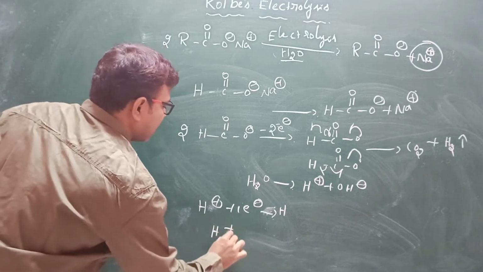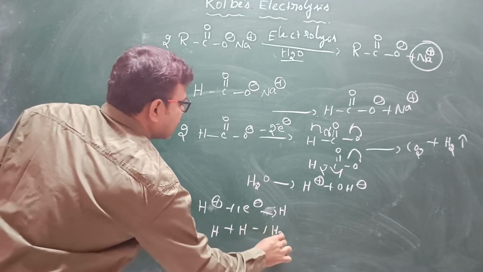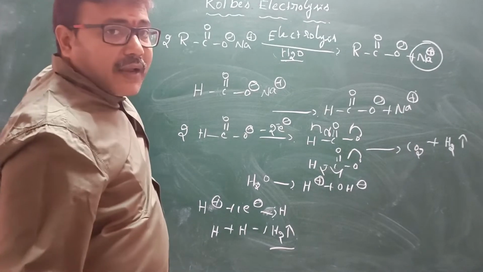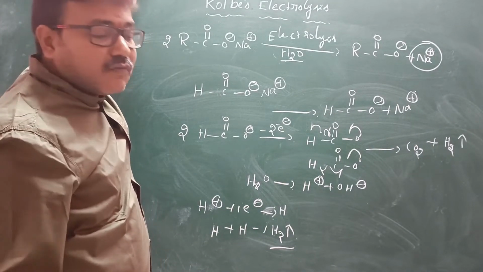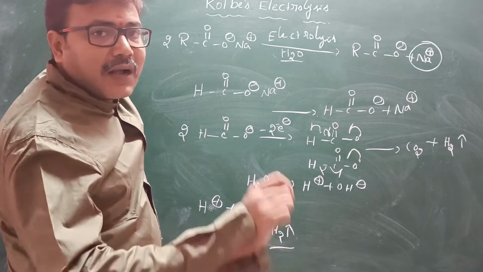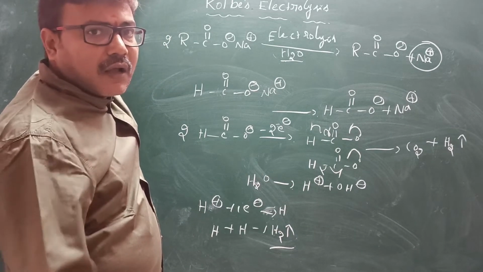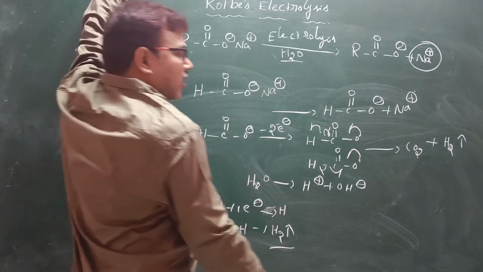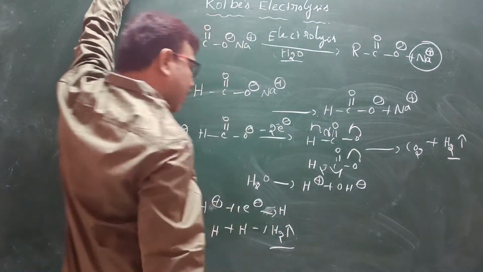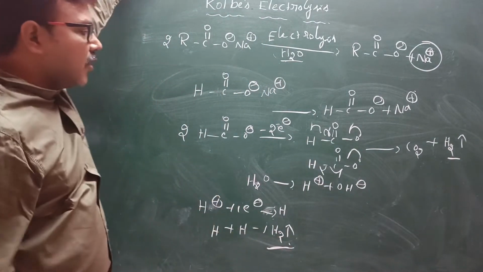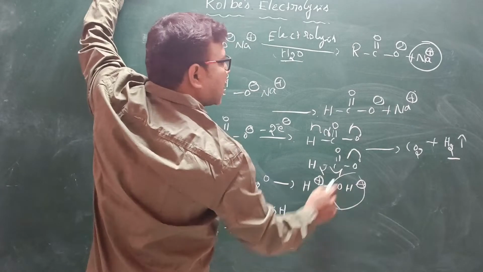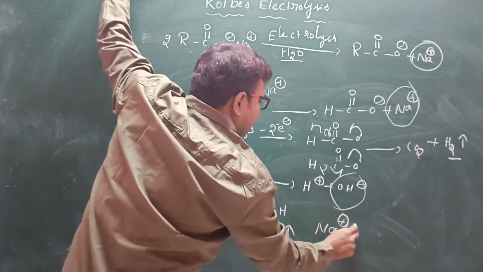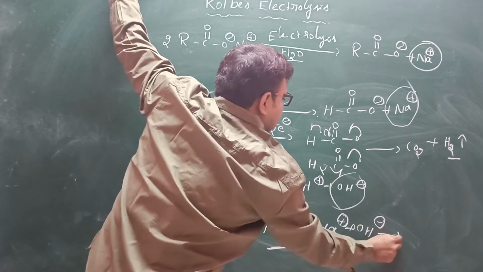Two hydrogen atoms combine with each other to give hydrogen gas, liberated at the cathode. When sodium formate undergoes Kolbe's electrolysis, hydrogen gas is liberated at the anode and hydrogen gas is liberated at the cathode. The remaining part is OH minus ion and Na plus ion, which combine to give NaOH.